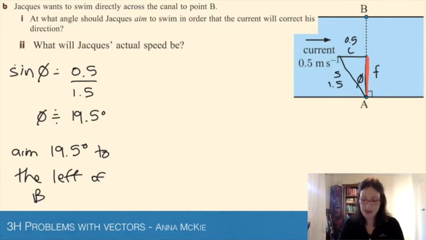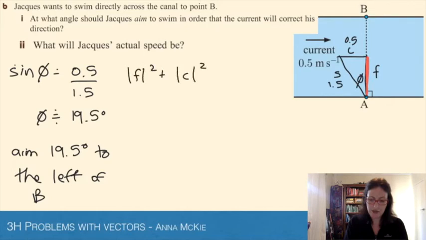And what about his speed? Well, speed is that F, it's the resulting vector there. So it's essentially Pythagoras. We've got a right-angled triangle and we want to solve for one side of that triangle. So setting that up, the two shorter sides are f squared plus c squared, taking the modulus of those for the positive values, is equal to s squared. Substitute in what you know.